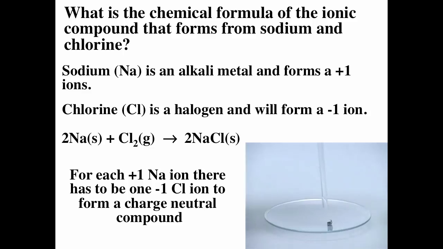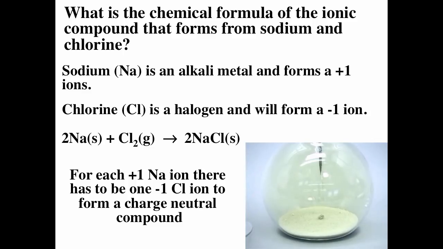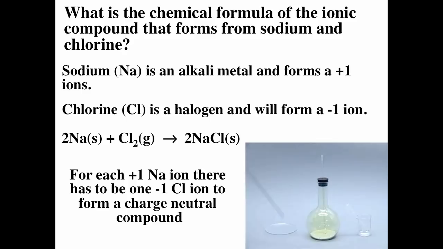A small piece of sodium metal is placed in a flask containing yellow chlorine gas. The flask also contains sand to prevent the heat which will be generated by the reaction from cracking the glass. Initially, no reaction is observed between the sodium and the chlorine.